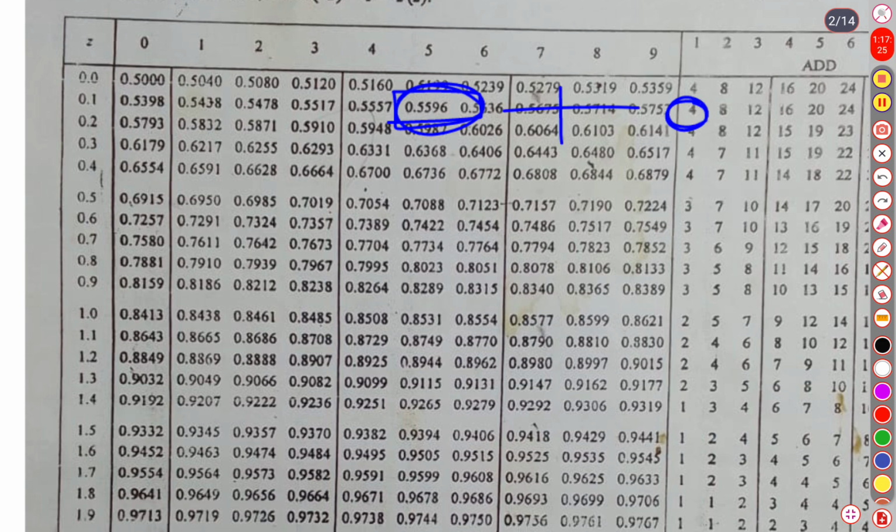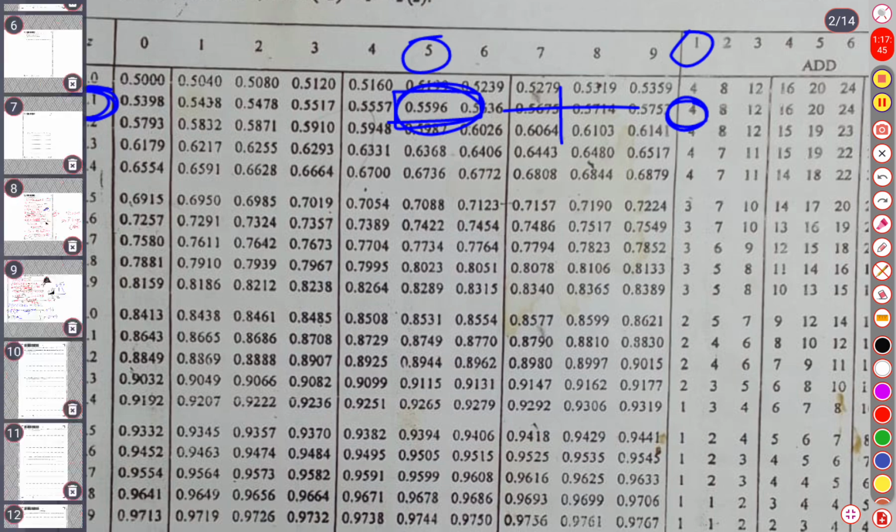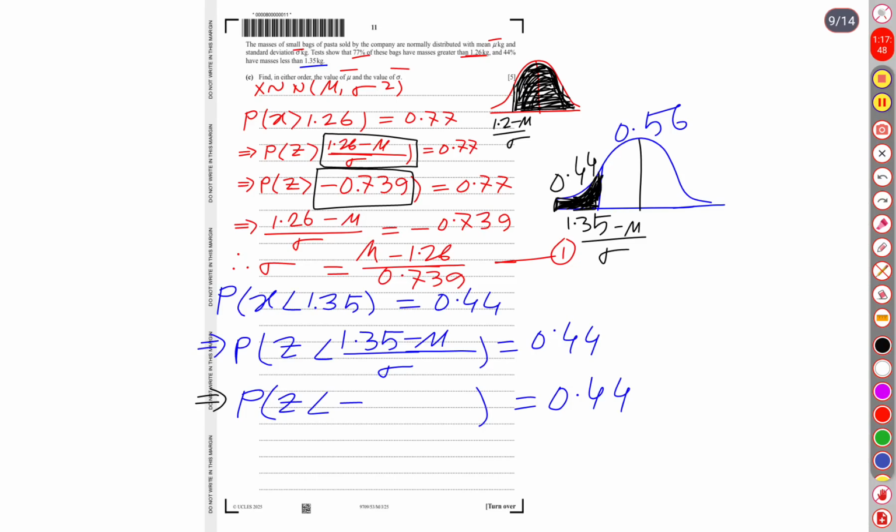So the row is 0.1, and the columns are 5 and 1. So 0.151 is our corresponding z score for the probability of 0.56.